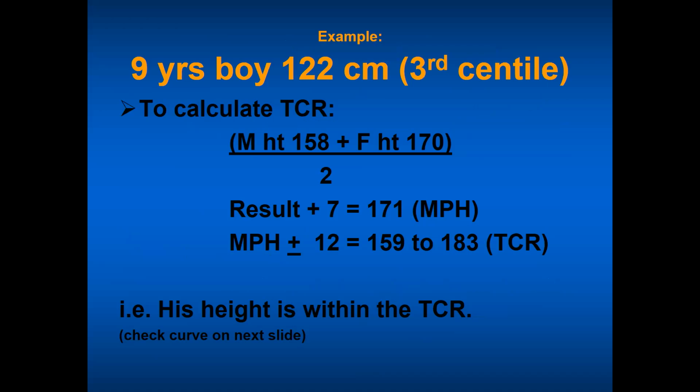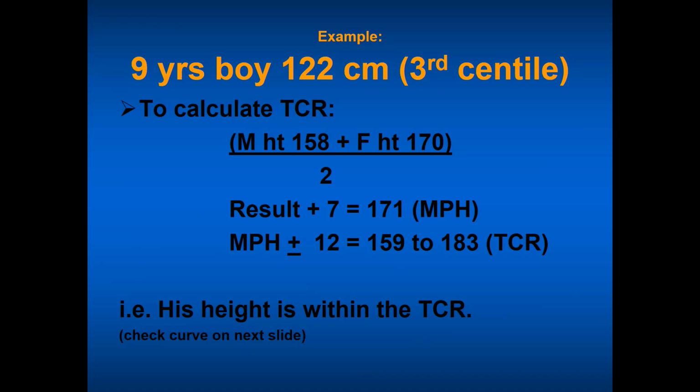This is a 9 year old boy, and when he was measured, his height was found to be 122 centimeters, falling on the third centile. To calculate his target centile range, we took his mother's height, which was 158 centimeters, plus his father's height, 170 centimeters, taking the mean of the sum by dividing by 2, and then to the result we add 7 centimeters because he is a boy, to compensate for the sex.